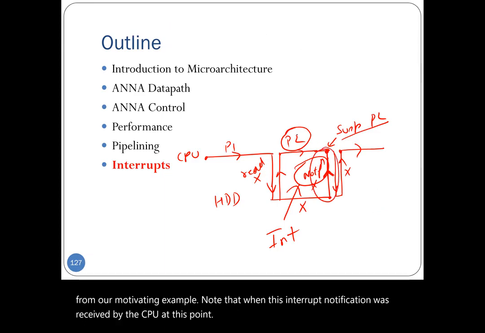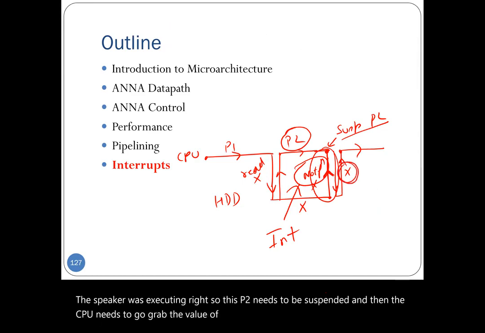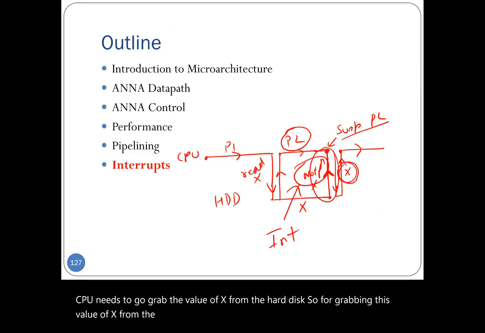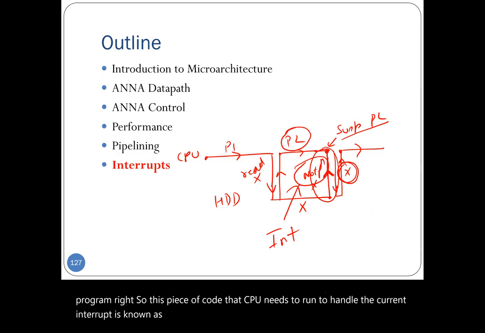So P2 needs to be suspended, and then the CPU needs to go grab the value of X from the hard disk. For grabbing this value of X from the hard disk, the CPU needs to run some logic, some program. This piece of code that the CPU needs to run to handle the current interrupt is known as the interrupt handler. This is an interrupt handling subroutine that needs to be called to handle the given interrupt.